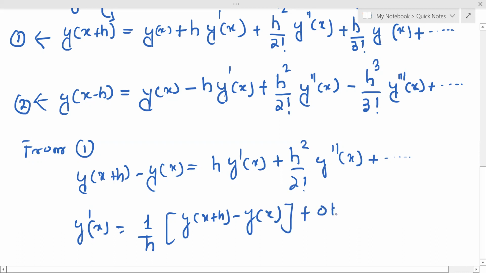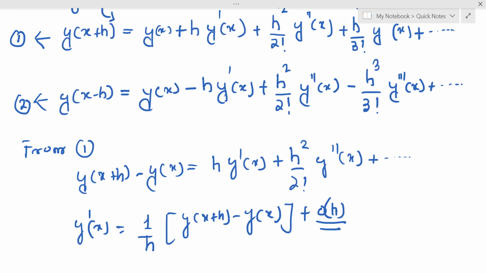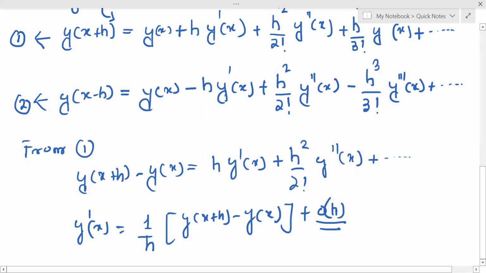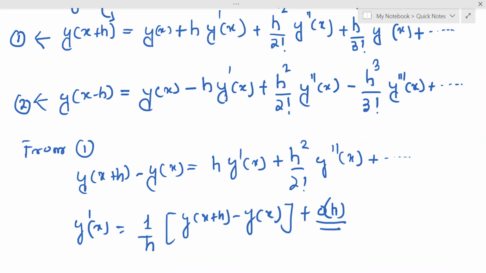Some error value will come here, so the higher order terms we have omitted and left out. So y'(x) can be represented in this form: y(x+h) minus y(x) by h, that is the y'(x).